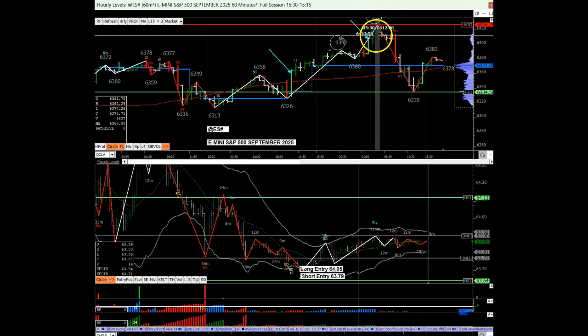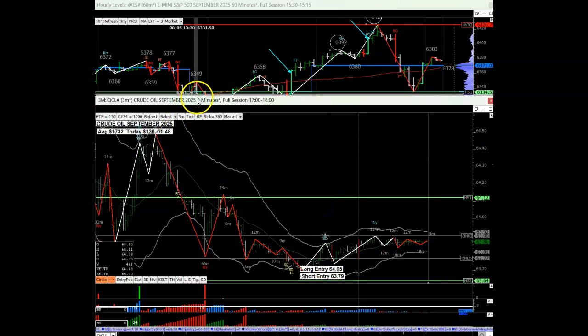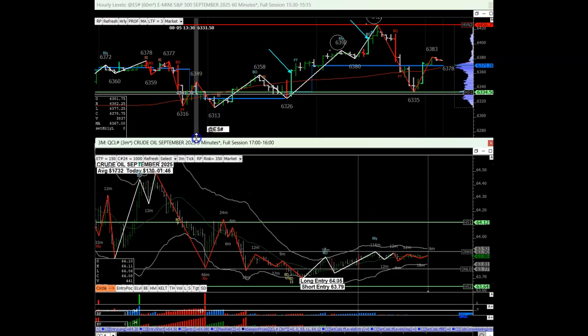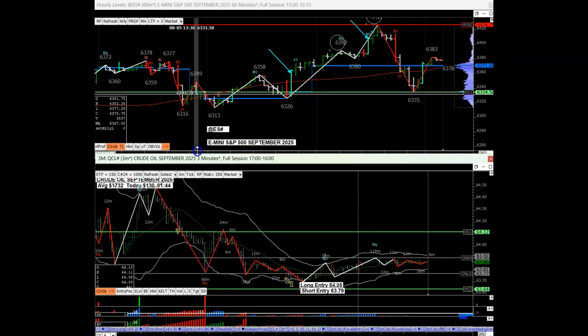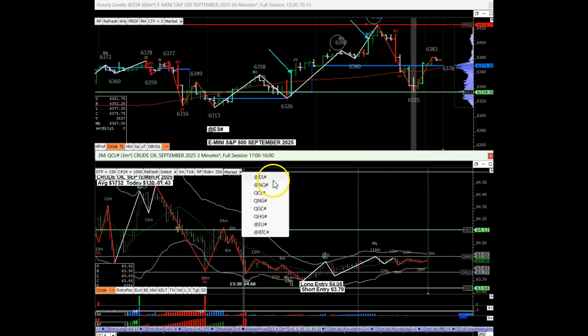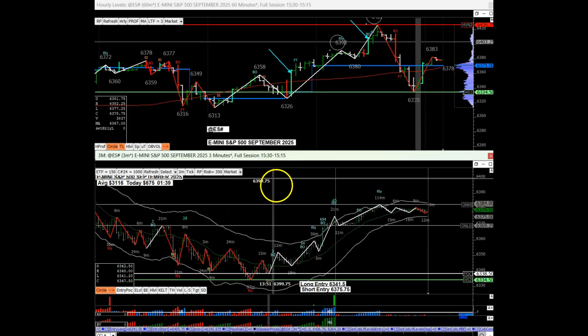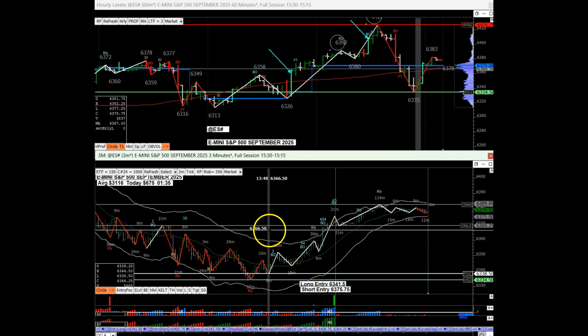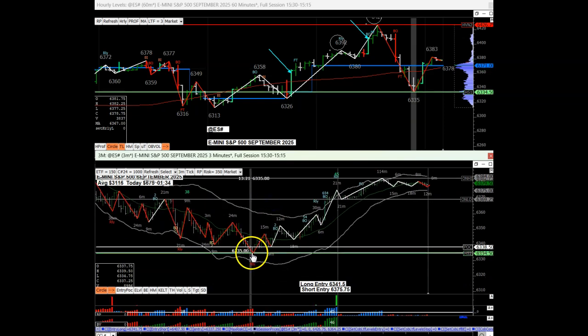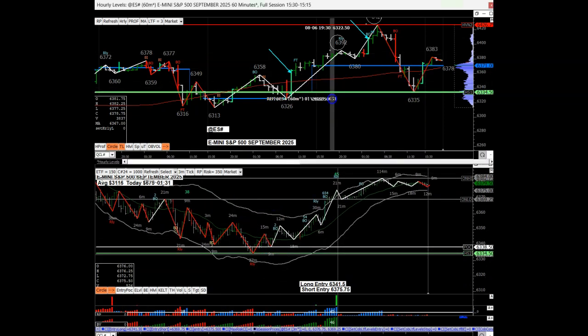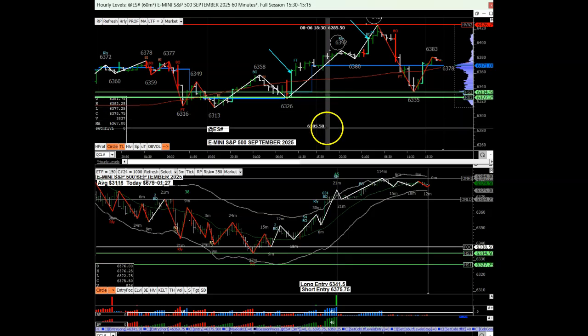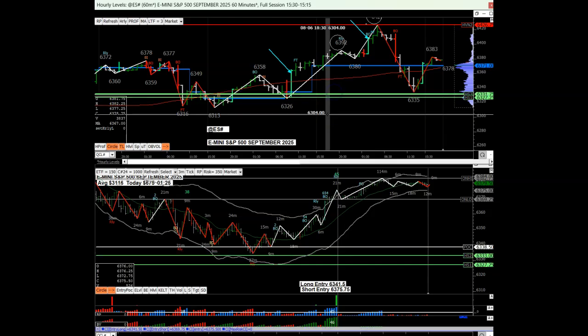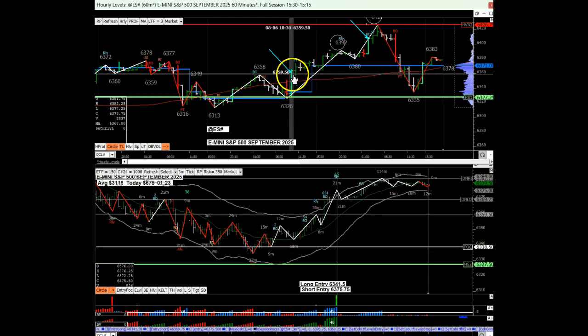So for example, as price goes to that level, what do you start having? As price goes to that blue level, before the thrust, right?